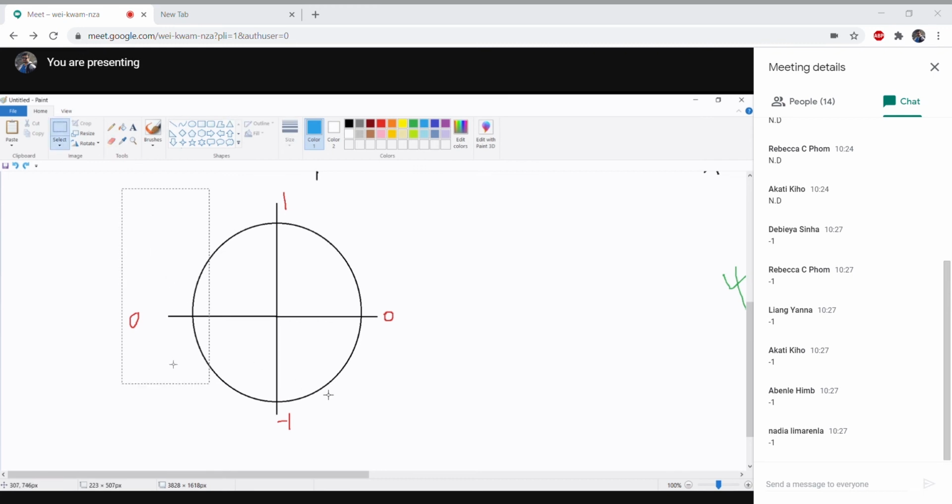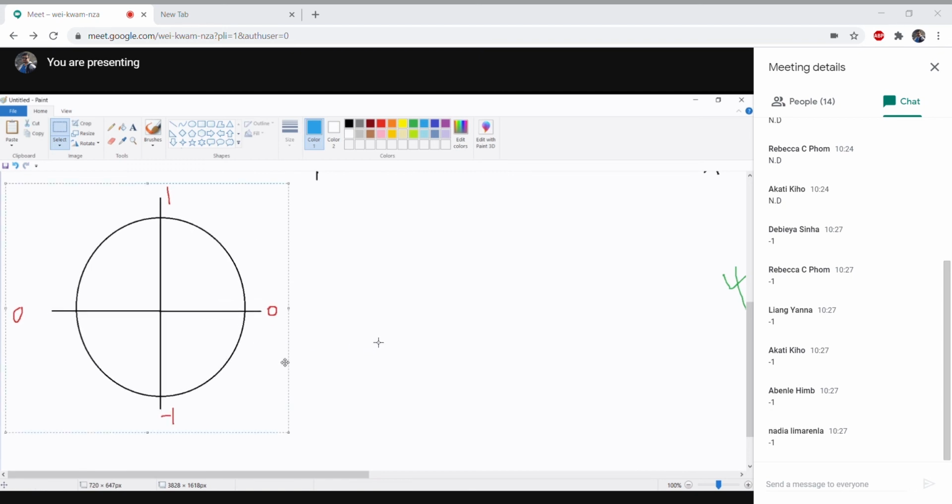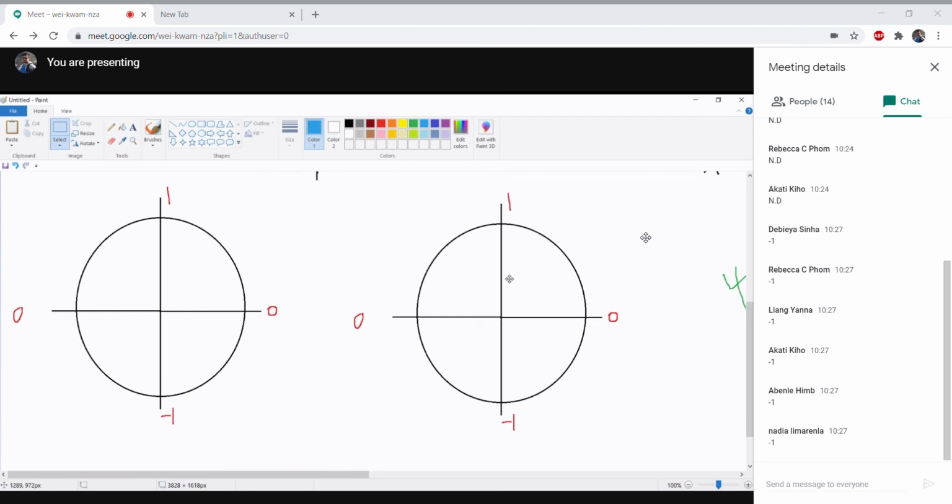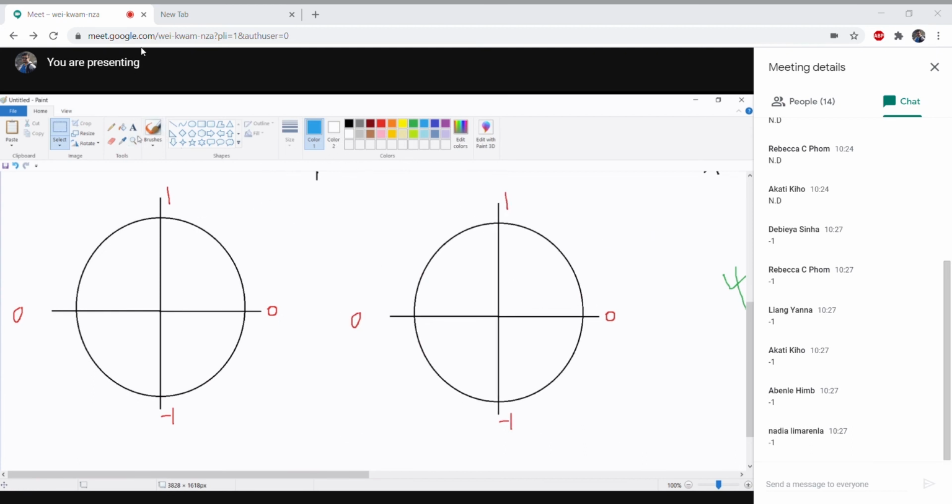Let me copy just this diagram. Now for cos, what will be the values?